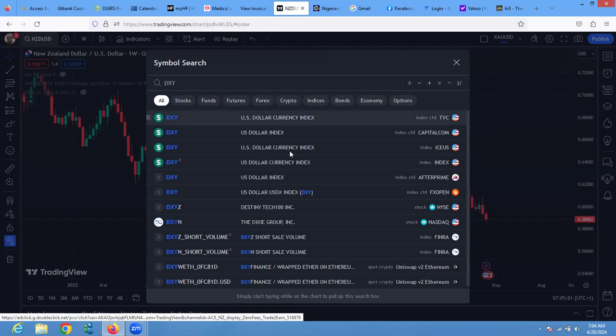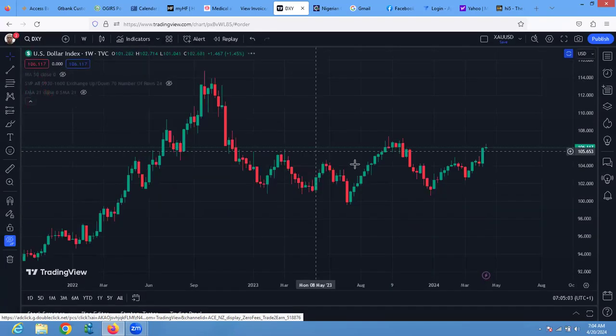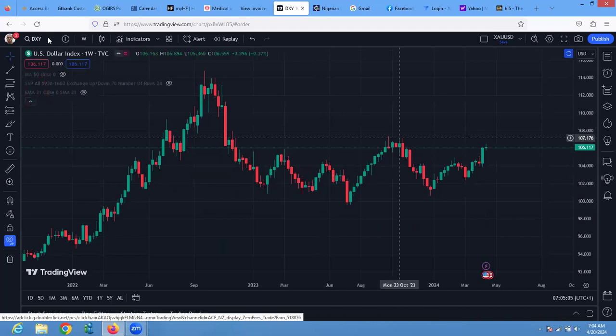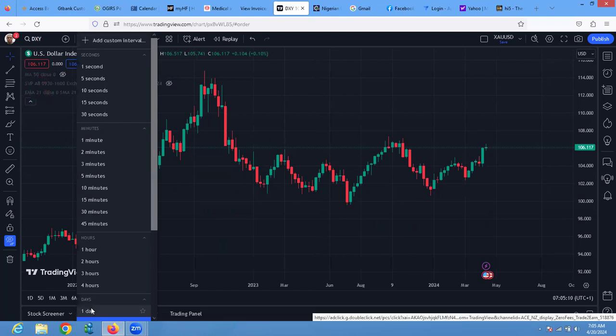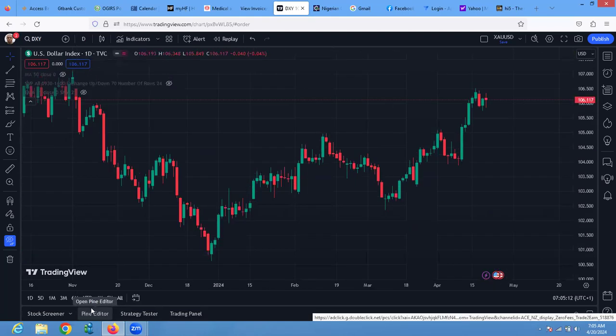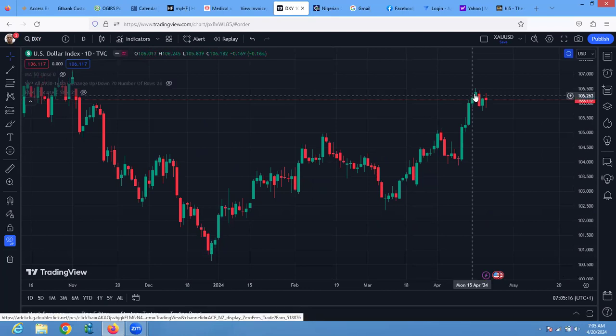So looking at the DXY, what can I see here? On the daily, what I can see here is the first reaction to the downside that tells me that this may be the last correction to the downside.